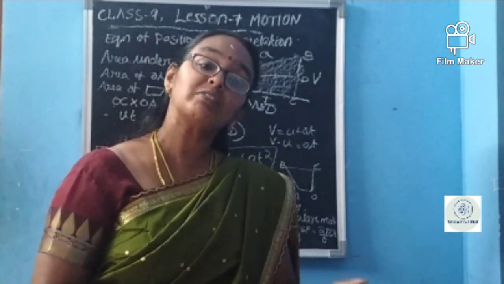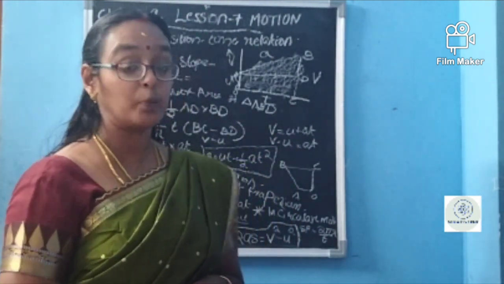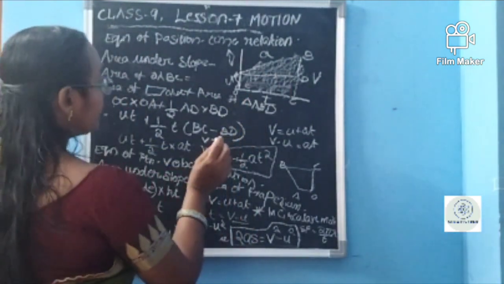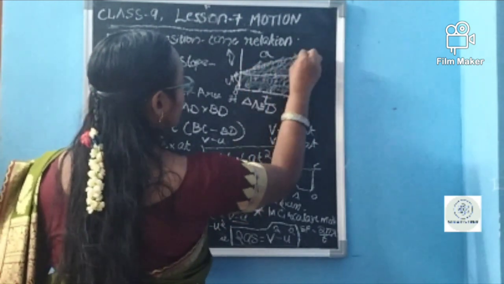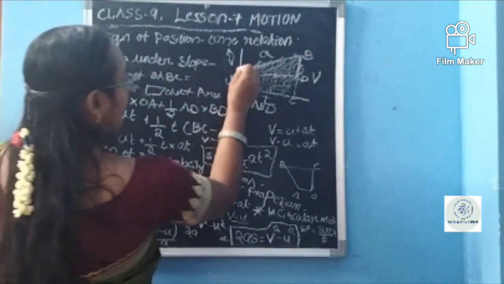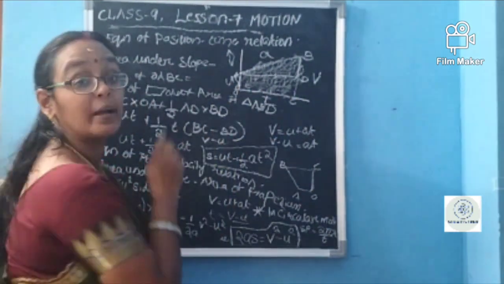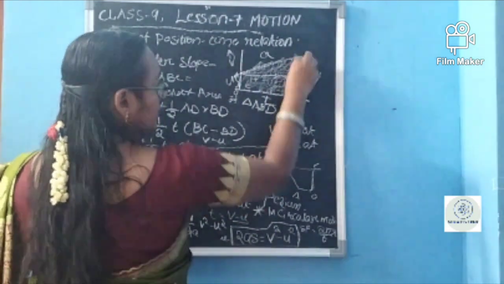Then what is the area of the triangle? Half into base into height, isn't it, ma? Half BH. This is the triangle. Which part, ma? This part is the triangular part. Base is what, ma? AD. Okay, this is equal to OC, so it will become T. And what is H? H is this only.